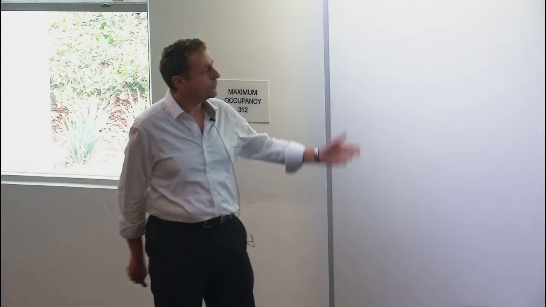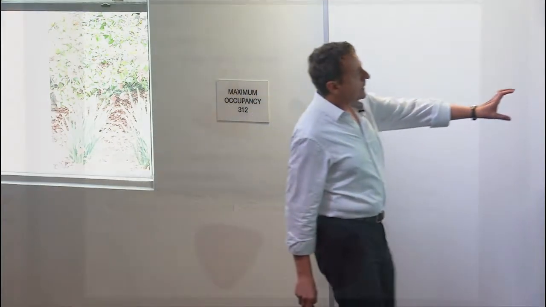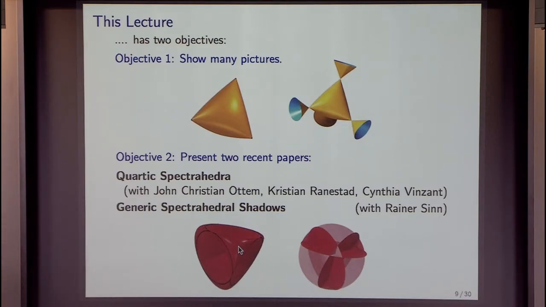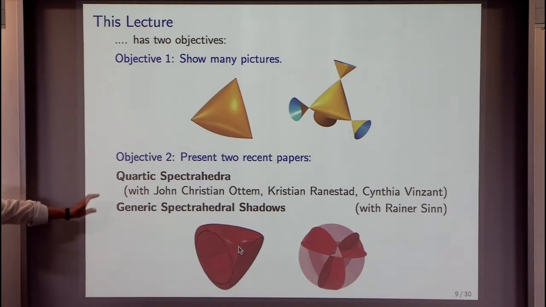Objective 2, I'd like to tell you about 2 recent papers that I was part of. One is called Quartic Spectrahedra, and there are 3 co-authors, including Cynthia, who is here. And then there's a second paper called Generic Spectrahedral Shadows. So I'll take about 20 minutes per paper.